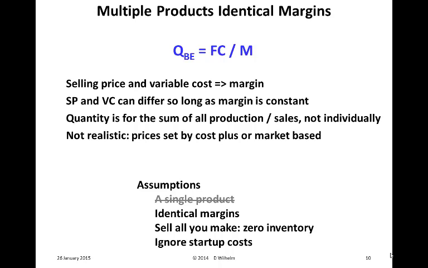The break-even quantity derived this way is for the sum of all production and sales, not individually. And of course it's totally unrealistic, because hardly ever would the prices be set this way. They're going to be either set by a cost plus method of adding a percentage or a dollar amount to the costs, or it's going to be market based.